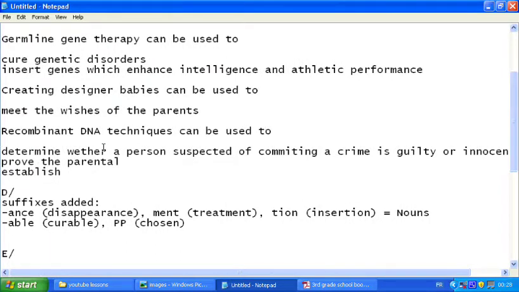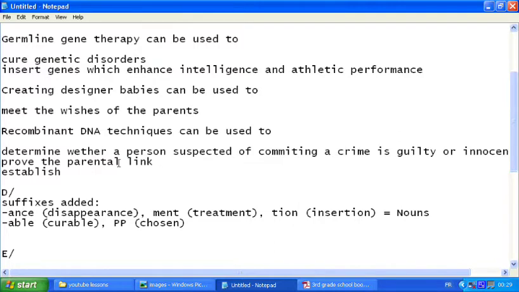Another use of DNA testing, recombinant DNA techniques, can be seen in proving the parental link. If we find a person who says that that man or woman is my parent, we can prove this link using recombinant DNA techniques.